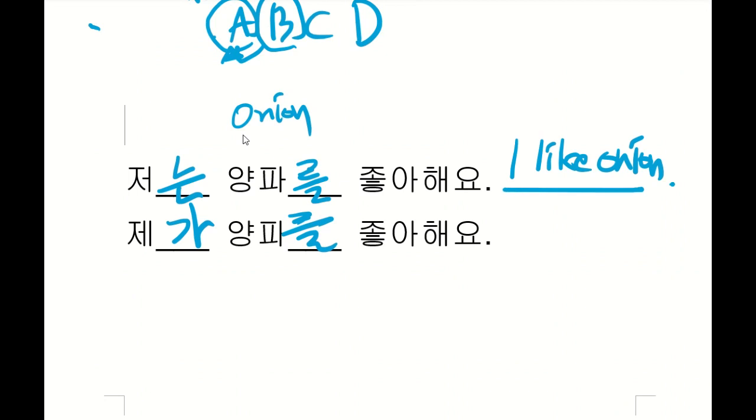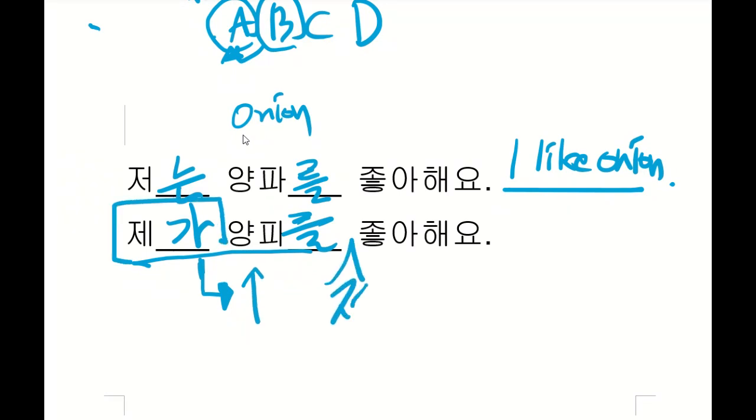I like onion. But if you say 제가 양파를 좋아해요, then in the situation, it's like, is there anyone who likes onion? Because this person wants to put onion in the food that he's making, and he's asking people if there is anyone who likes onion, and I raise my hand and say 제가 양파를 좋아해요.